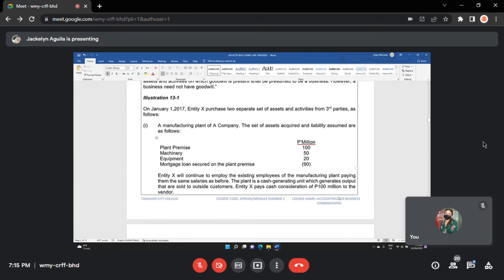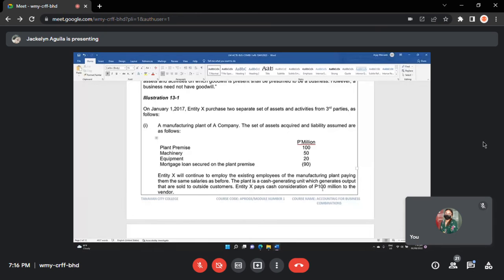Plant premise 100 million pesos, machinery 50 million pesos, equipment 20 million pesos, mortgage loan secured on the plant premise 90 million pesos. Entity X will continue to employ the existing employees of the manufacturing plant, paying them the same salaries as before. The plant is a cash generating unit which generates outputs that are sold to outside customers. Entity X pays cash consideration of 100 million pesos to the vendor.